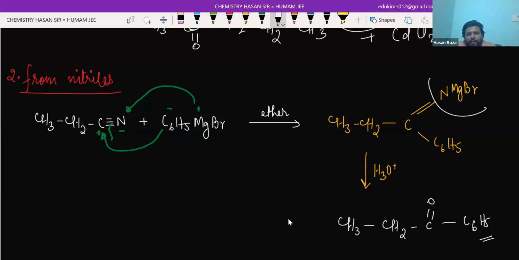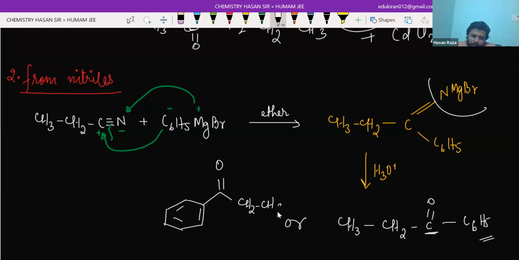And this has a name. I'm going to write the structure. Very famous structure it is. There is a benzene to which a ketone is connected directly in this way, C double bond O. After this, there is CH2 and then there is CH3.